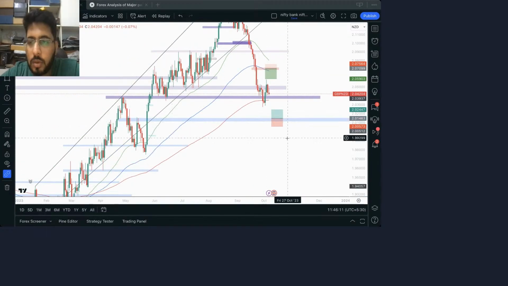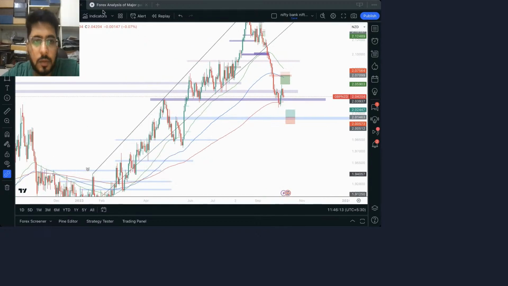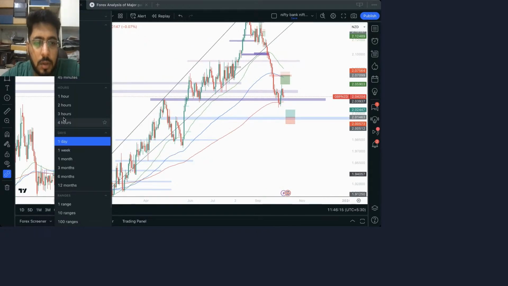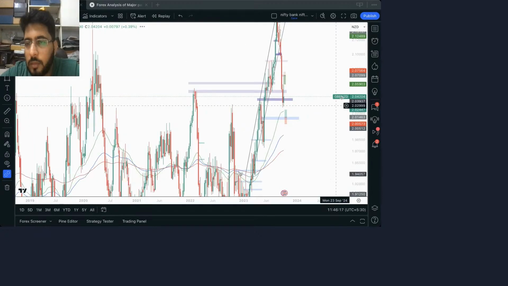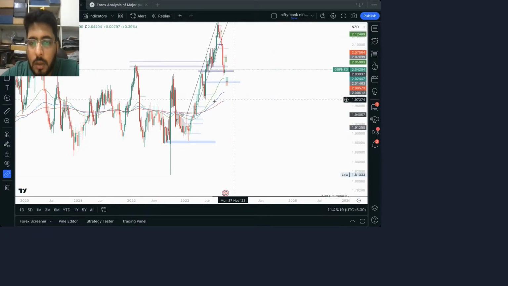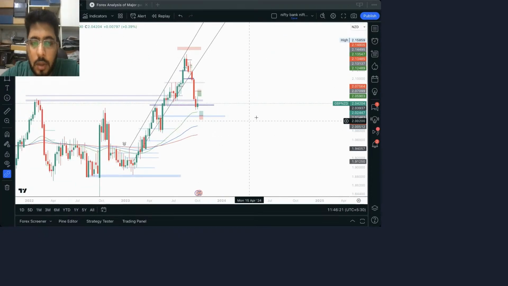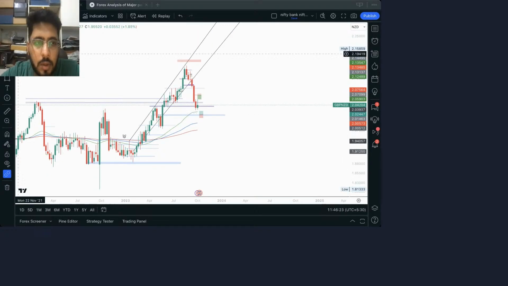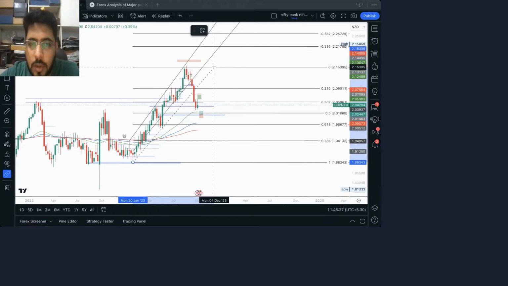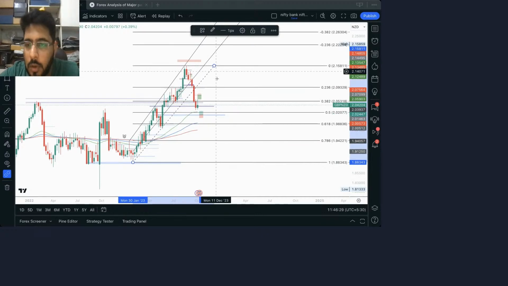So I think this is a good zone, and if I see in a weekly time frame, let's see. The fib from the bottom of this low and from top, it's somewhere near 50 fib. But we have a support area over here.